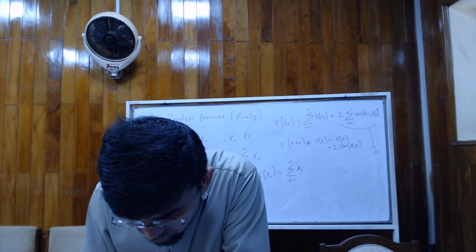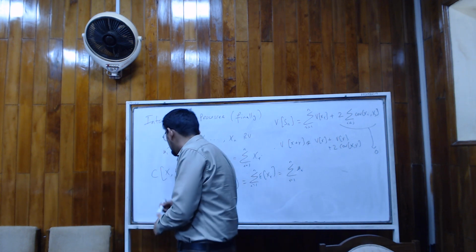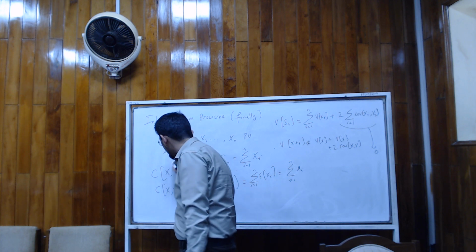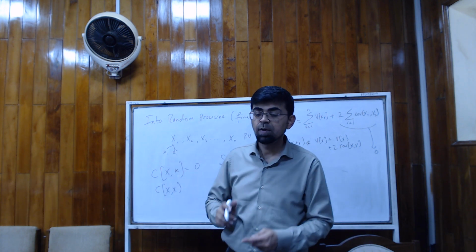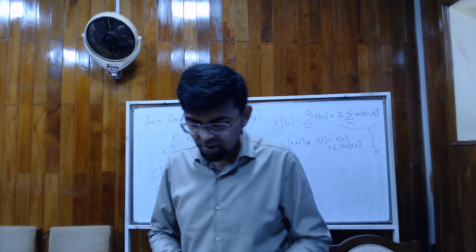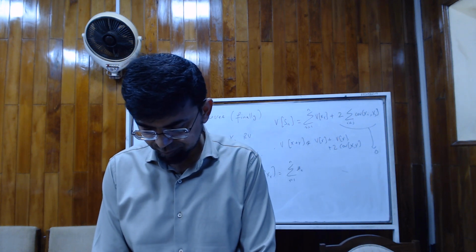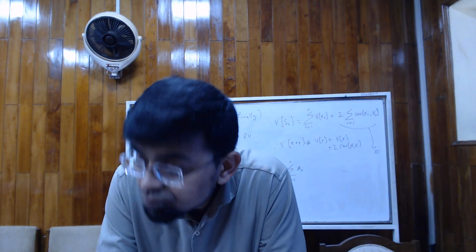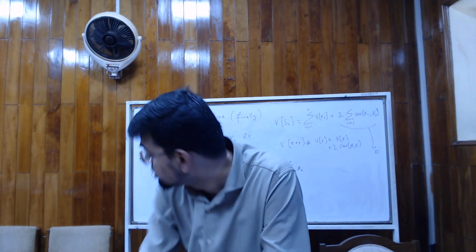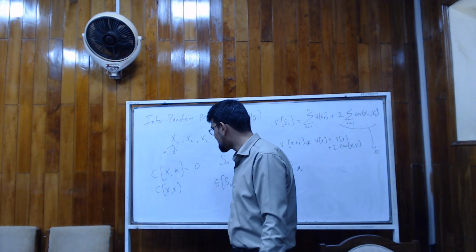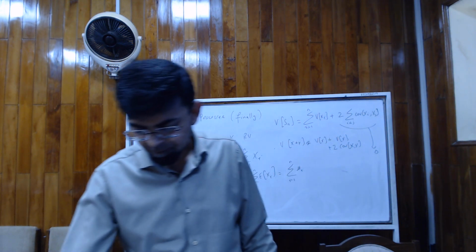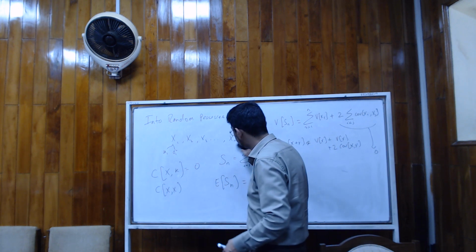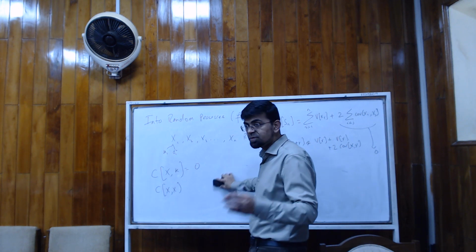Right, so what's the covariance of X with X? If K is a constant, that is 0. What's the covariance of X with X? It is 1 or minus 1. It will be maximum. That's not the covariance. Correlation lies between -1 and 1.